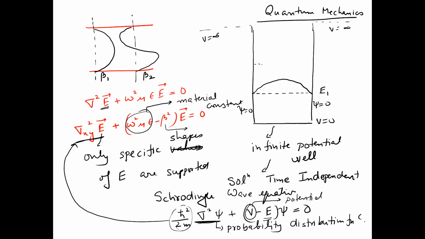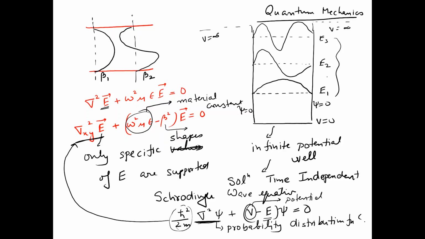Then you're going to get a value of E2, which is going to have a wave function. The psi is called a wave function. Have a wave function that way, and then there would be a value of E3, which would be something like that. So only discretized solutions are going to be present.